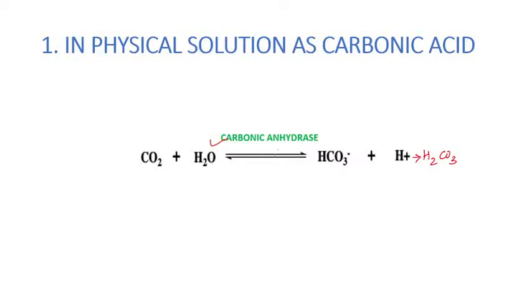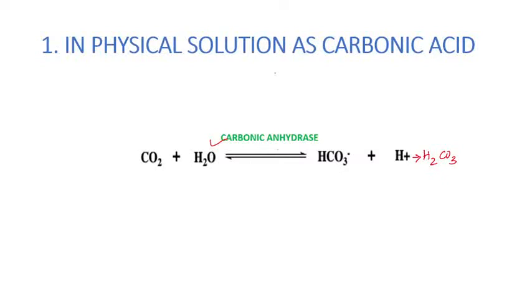Formation of carbonic acid is very fast in invertebrates, while in vertebrates it is a very slow process within the plasma due to the absence of carbonic anhydrase. That's all about the first mode of transport, in the form of carbonic acid.